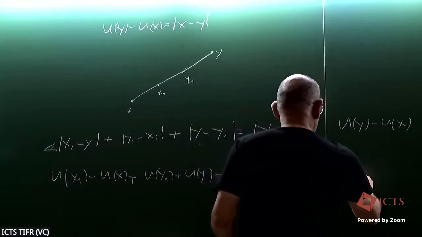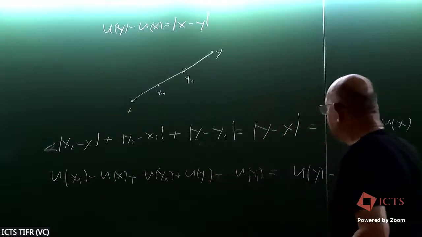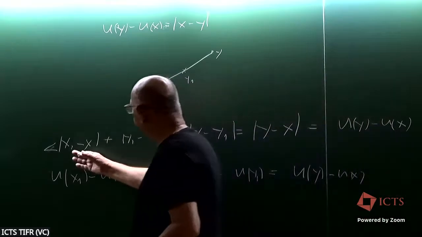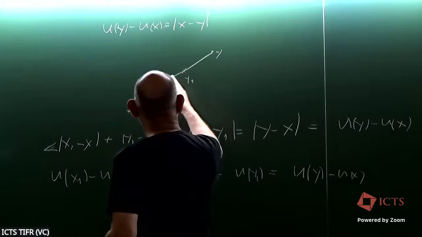So you have equality all the way. If you have equality all the way, of course, this is true for any two points on the line.